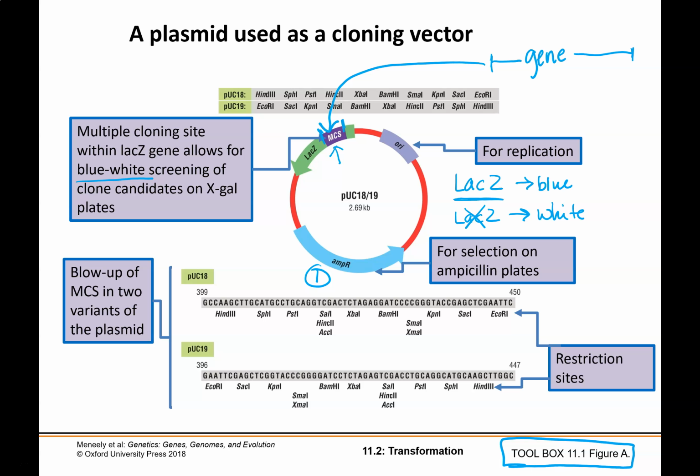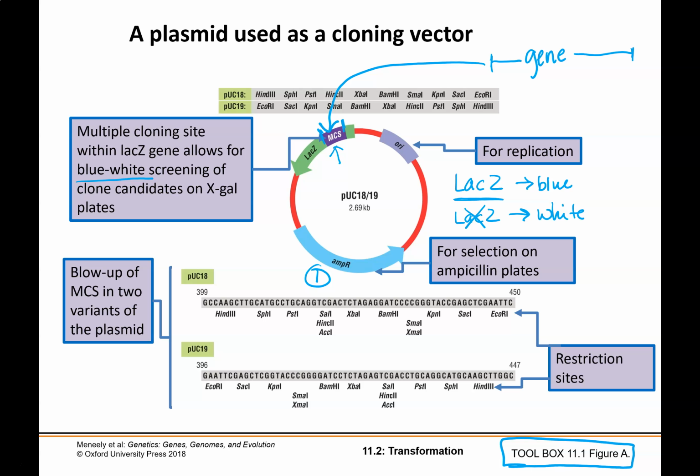So there are two mechanisms that we can use to determine that we have inserted our plasmid and then also inserted the plasmid with the gene that we wanted. Because remember, not all cells are going to take up DNA, and not all of our plasmids are actually going to get the gene. So this is sort of a two-step process. We're going to insert the gene, and then we're going to insert the plasmid into bacteria.